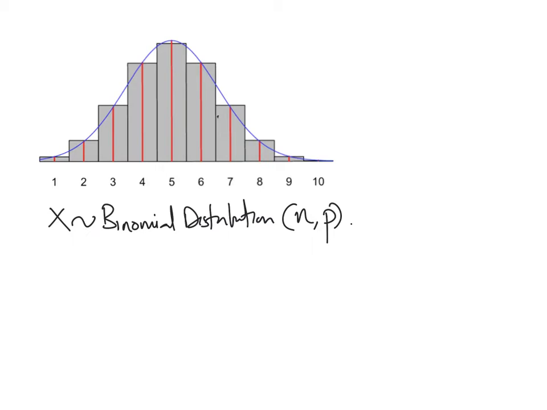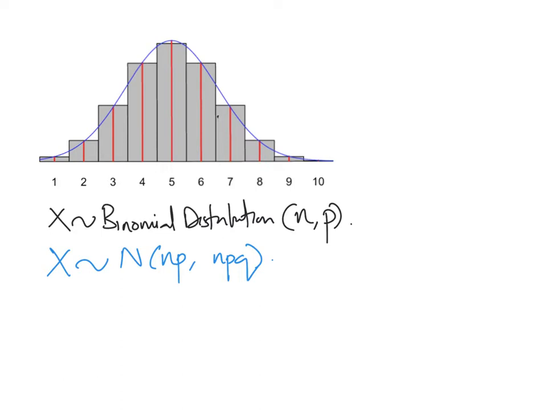Whereas the blue line or the curve over here represents X as a normal distribution, and whereby you have np as the mu, which is the mean, and then variance as npq.